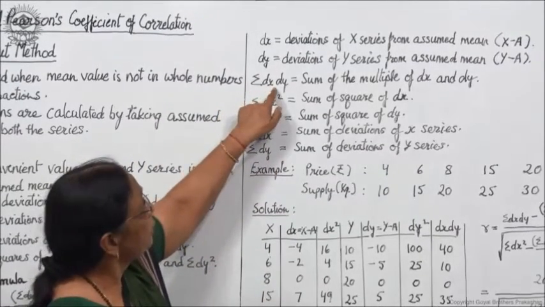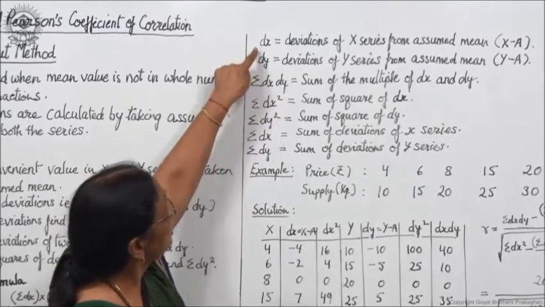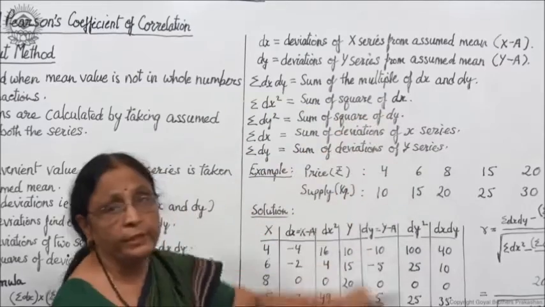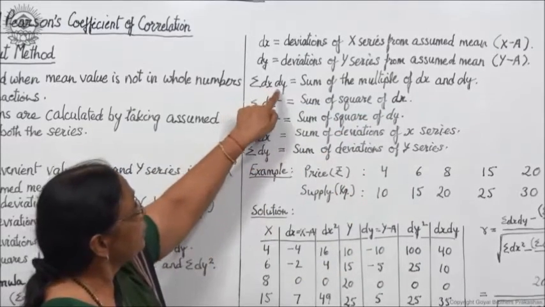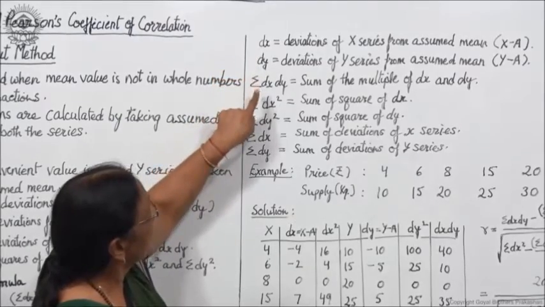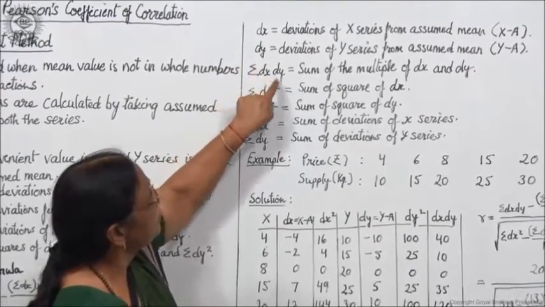Sigma dx dy means the sum of the multiples of dx and dy. Multiplying dx with dy, and the total of this is sigma dx dy.